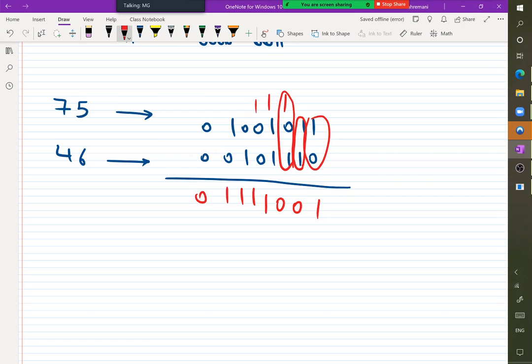So this is the addition for two positive signed numbers.